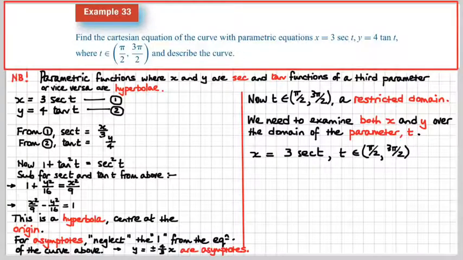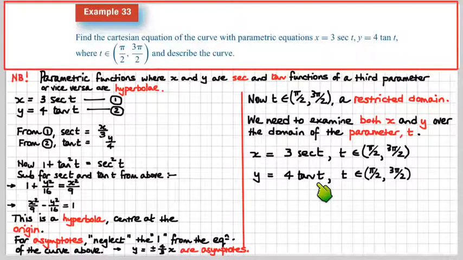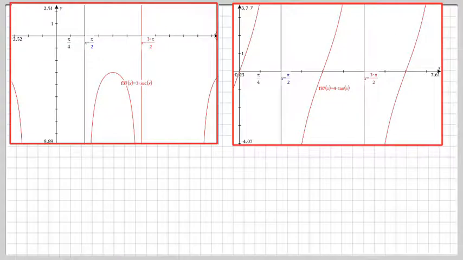So therefore we've got x equals 3 sec t, where t is that restricted domain, and we've also got y as 4 tan t to spell it out very clearly. Same restricted domain. Yes? Now, let's go over the screen and have a look at the exciting way that this all pans out. Now, what have I got there?